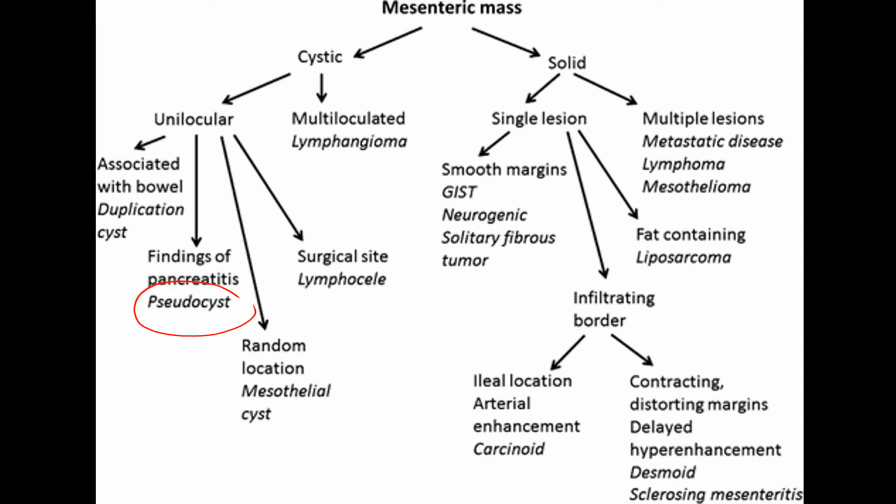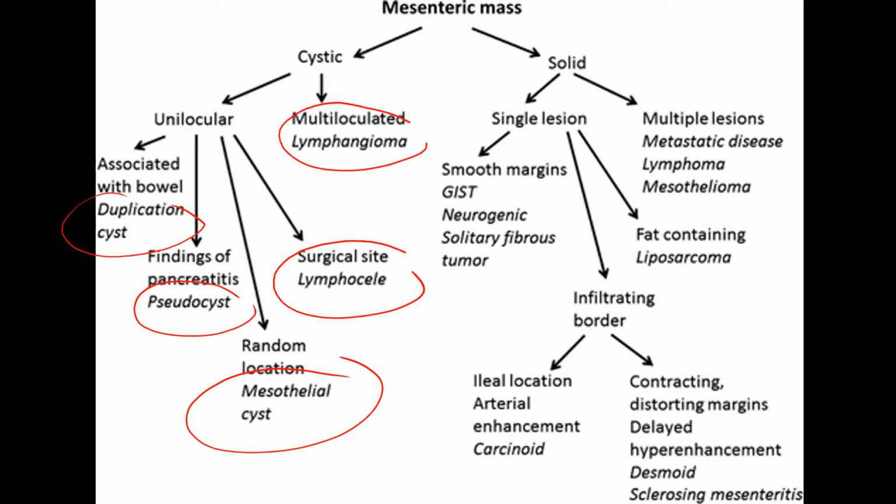Now if it is associated with bowel, a well-defined circular cystic lesion associated with bowel, then you think of a duplication cyst, which is congenital, just a variant which might be present. Now if there is a random location, then you think of a mesothelial cyst, and if it is after surgery, we think of lymphocele. If it is multiloculated and it is going along the path that is present, then you think of lymphangioma.